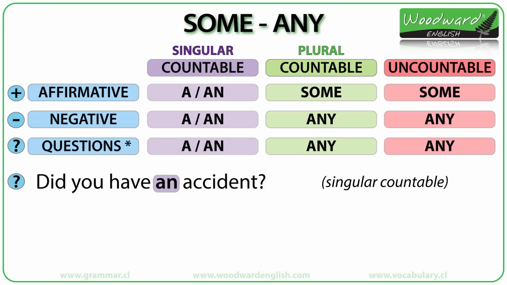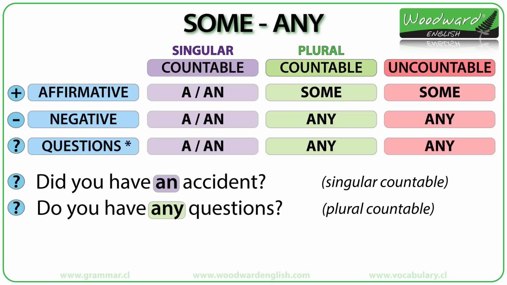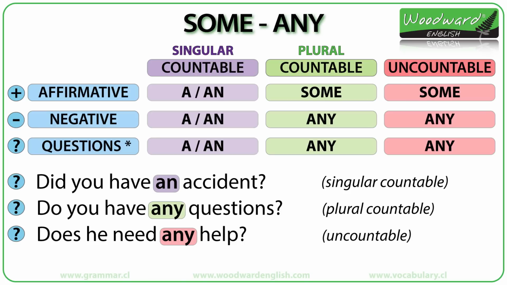We use an because accident is a singular countable noun. Do you have any questions? We use any because the word questions is a plural countable noun. Does he need any help? We use any because help is an uncountable noun.